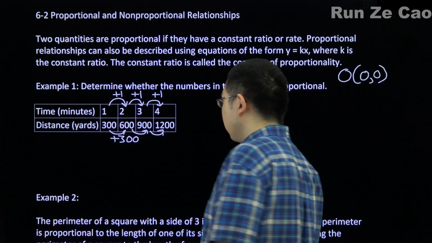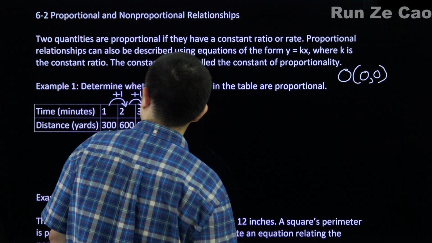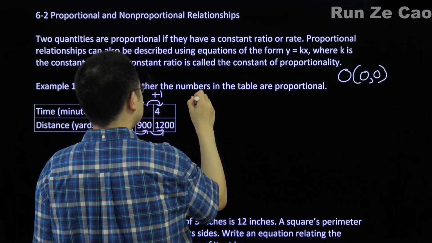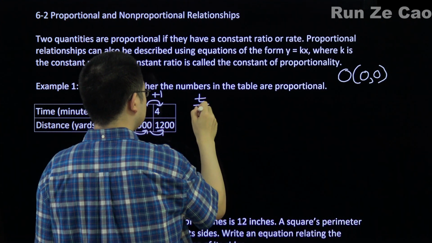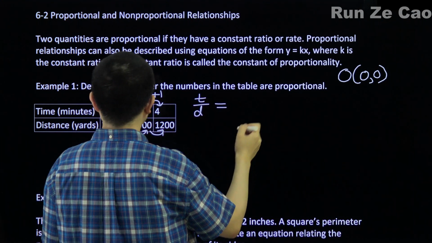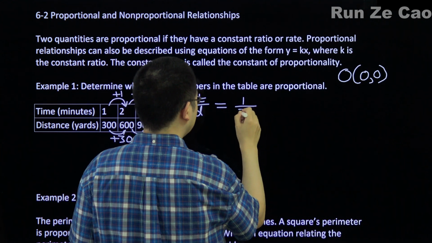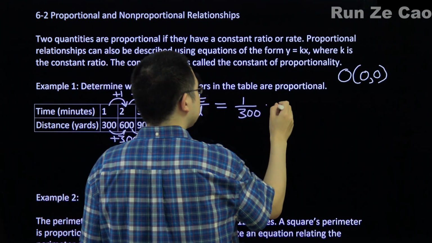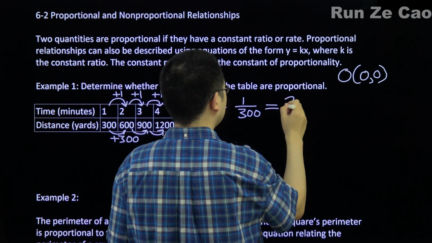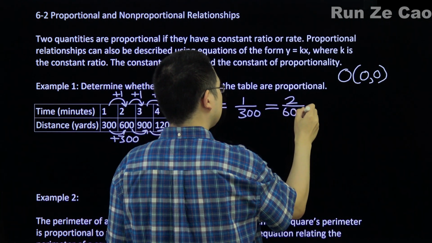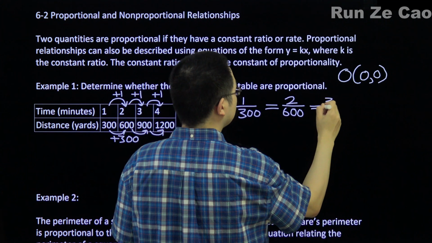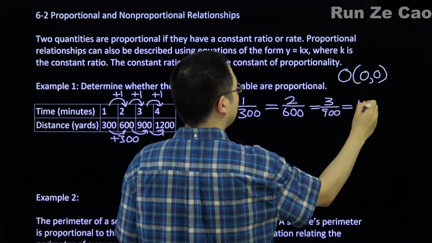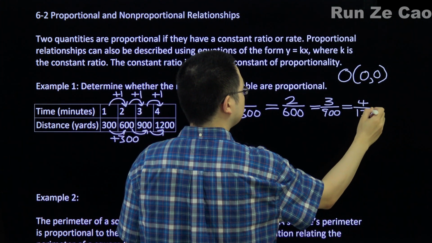You have to show that T to D is equal to 1 over 300. Of course, you could also give it the other way, which is equal to 2 over 600, which is equal to 3 over 900, which is equal to 4 over 1200.